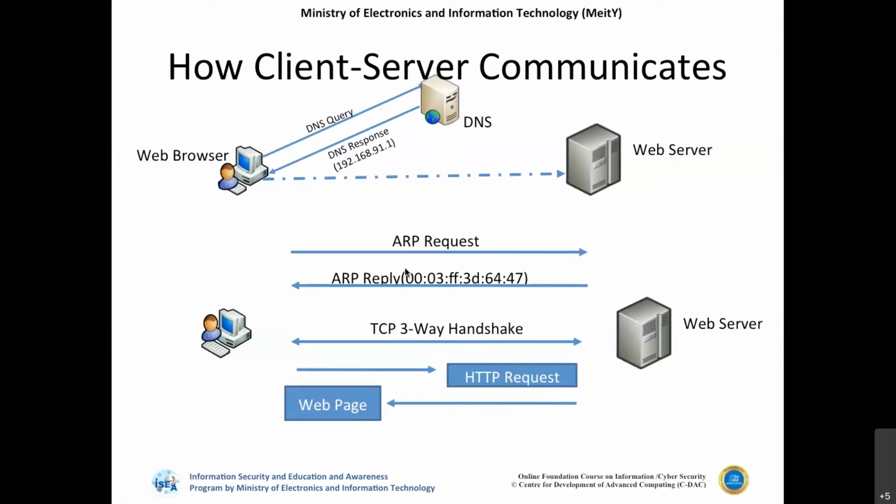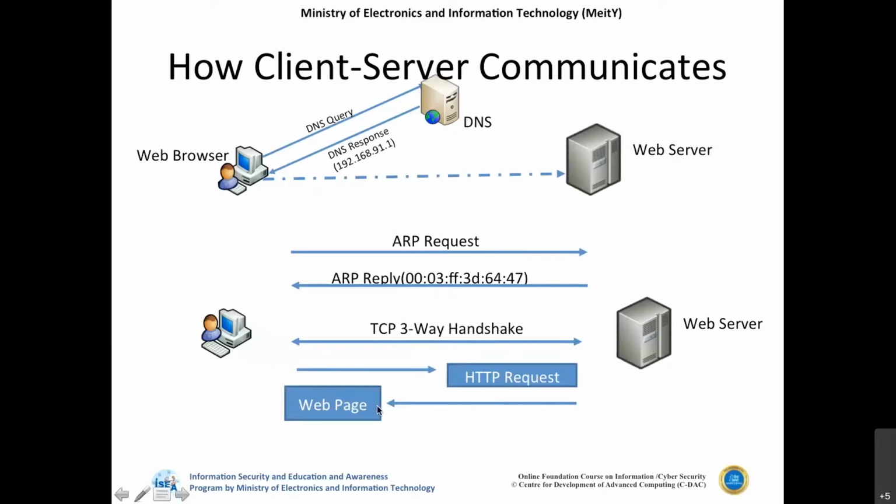That can be easily checked through an ARP request. Then SYN, SYN-ACK, ACK, these three handshakes would be established. Then only the HTTP request will be sent from the client, and it will receive the web page.